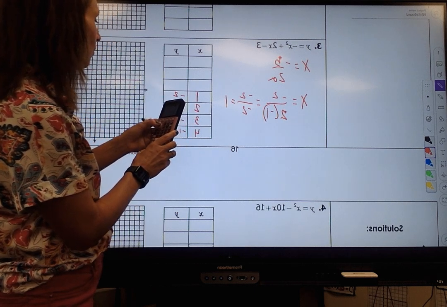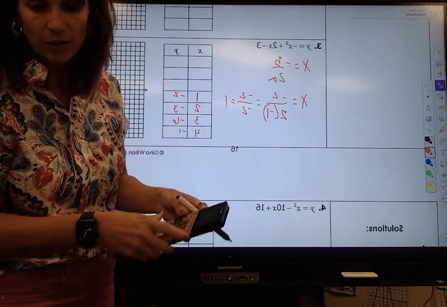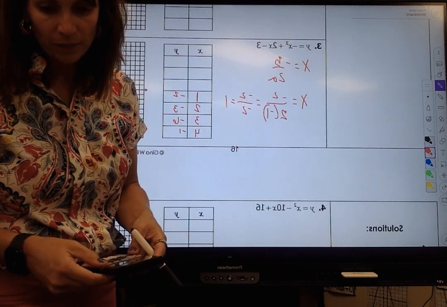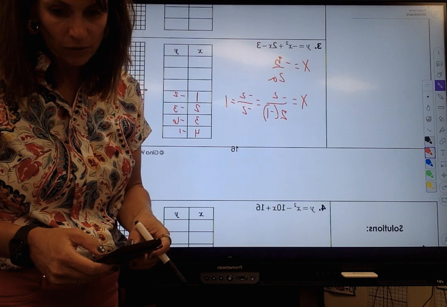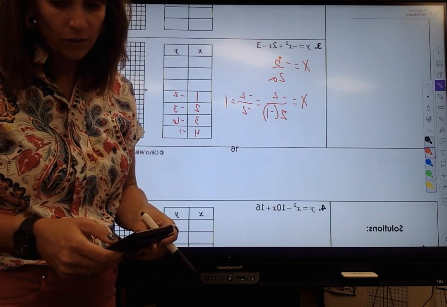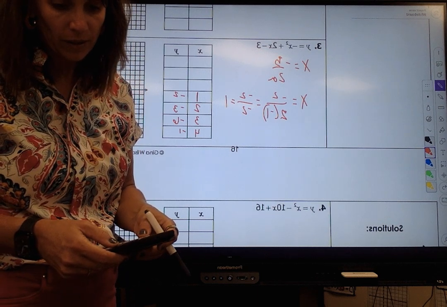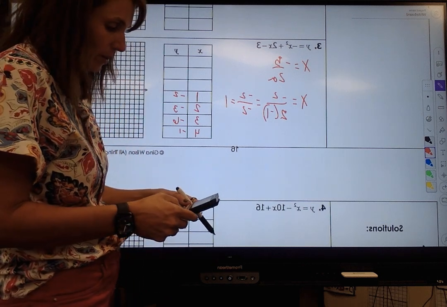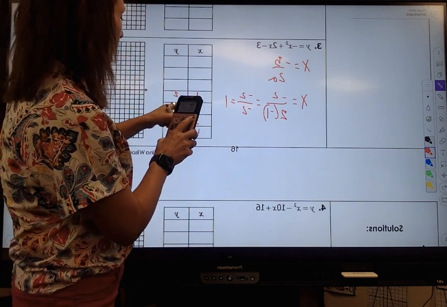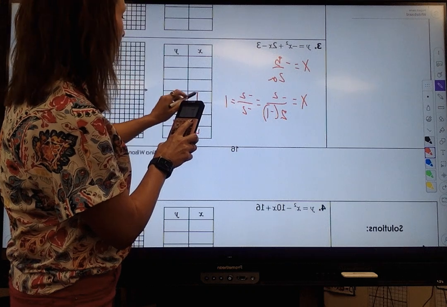Okay, and then I go, did I type that in correctly? y equals negative x squared plus 2x minus 3. No, I did that. And so 1, negative 2. Okay, yeah, I did that right. Sorry. And then I'm going to go 4, negative 11, and then 1, scroll up.